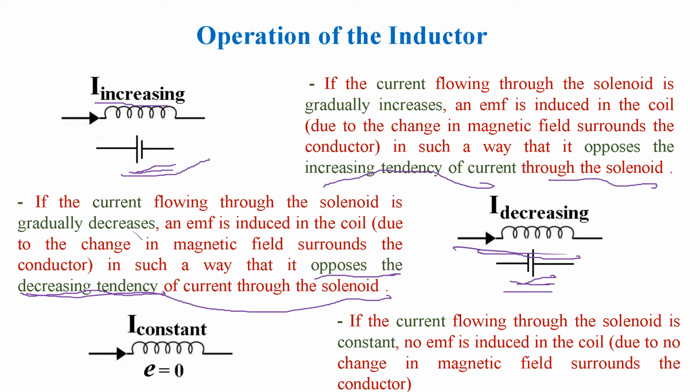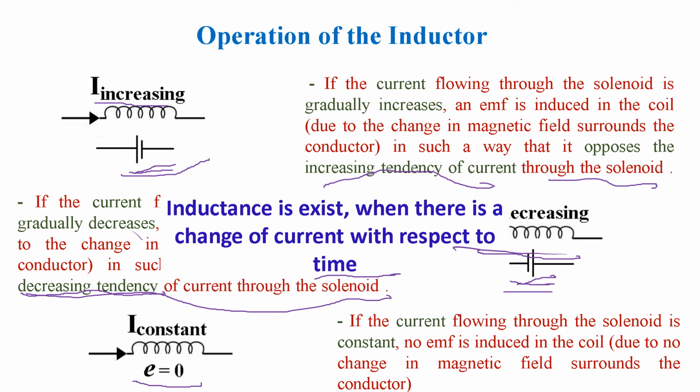If there is no change in current with respect to time, the induced EMF is equal to 0. So we can conclude that for an inductor, inductance exists if there is a change of current with respect to time.